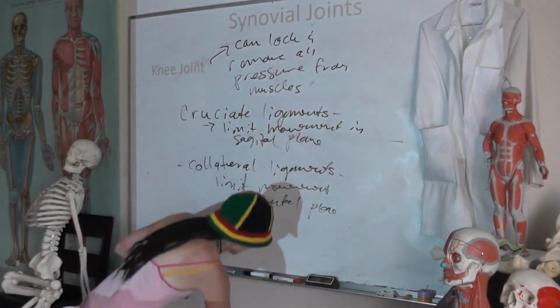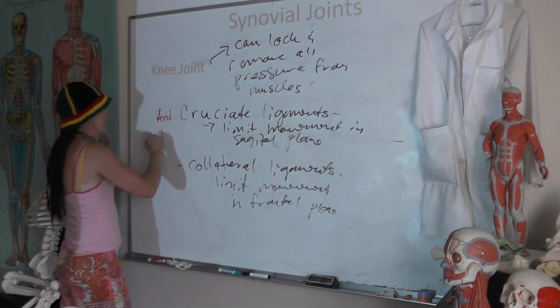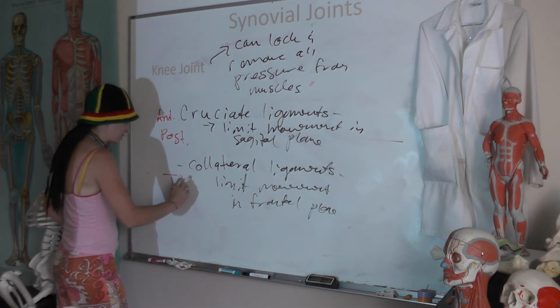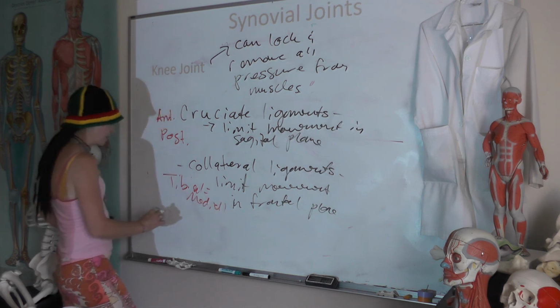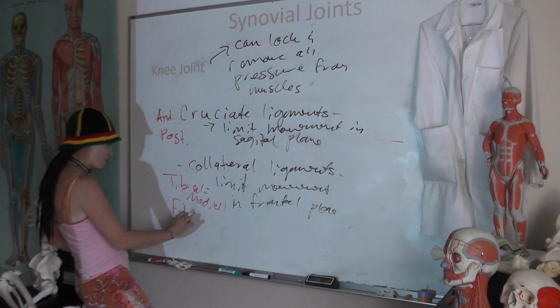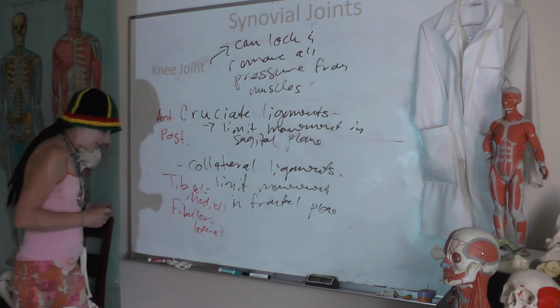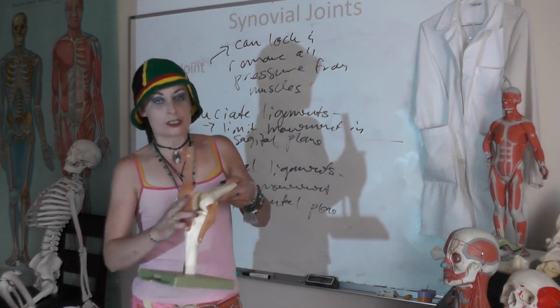Okay, so for our cruciate ligaments, we've got anterior and posterior, and then for collateral ligaments, we have the tibial collateral, which is also the medial collateral ligament, and we have the fibular collateral, which is also the lateral collateral ligament. And I think the only other things that you have to identify in the knee joint are the menisci, which are pads of what?